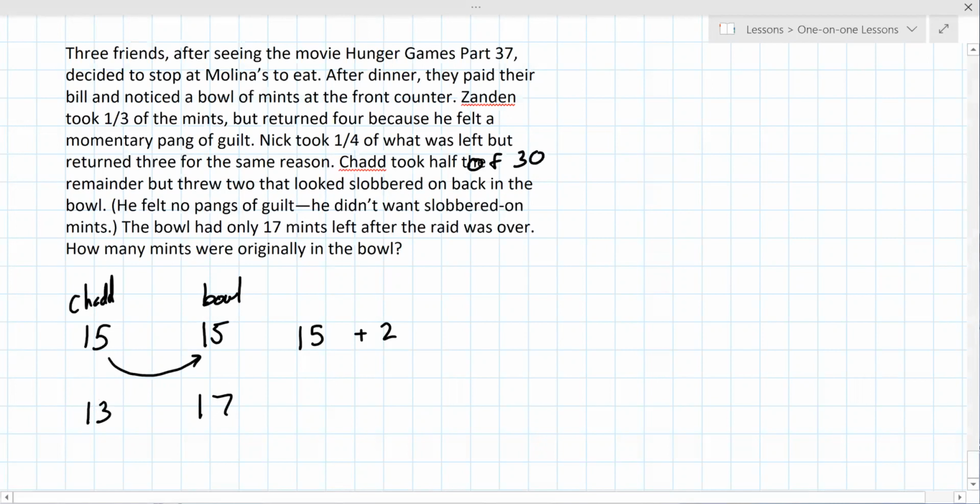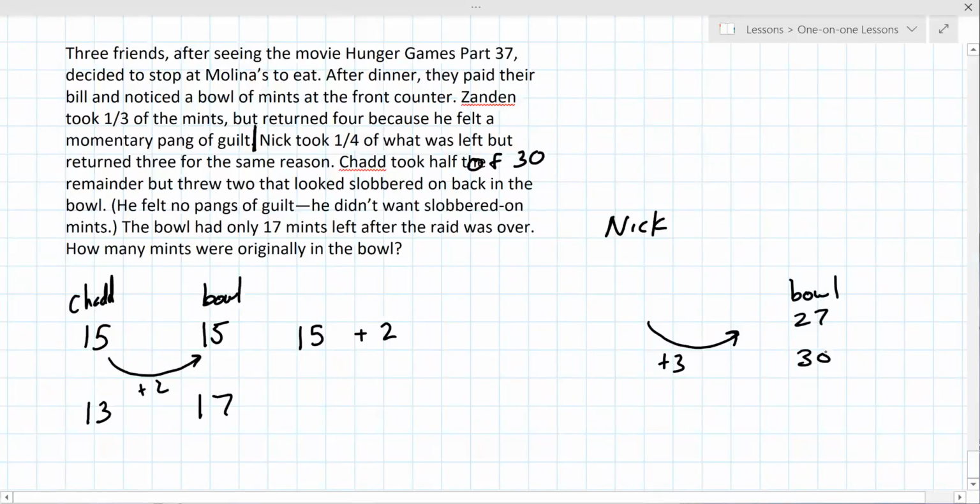Okay. Nick, now we're going to start right here with Nick. So when Nick is done, there's 30 in the bowl. So he returned 3 for the same reason. We don't know how many Nick had, but we know that he takes 3 from his pile and puts them back in the bowl, and the bowl had 30. So it had 27, but his 3 made this go up to 30. Do you follow that?